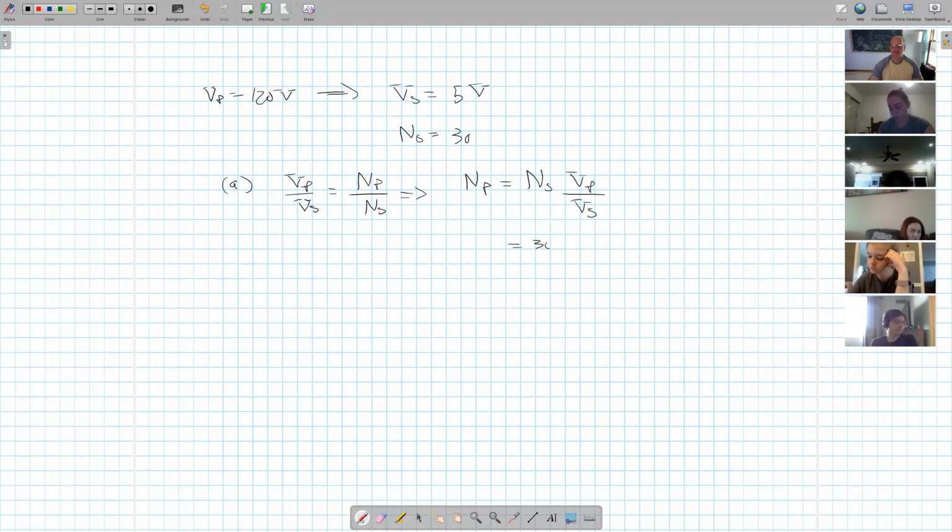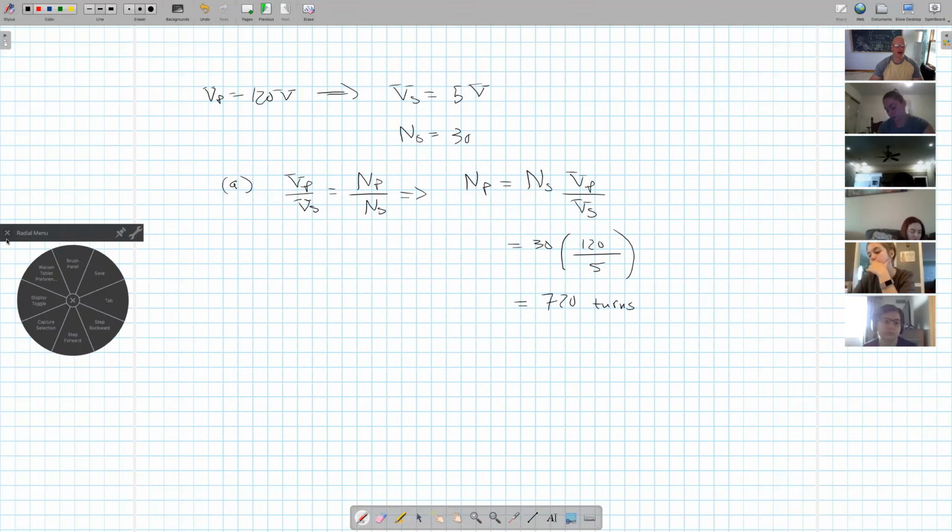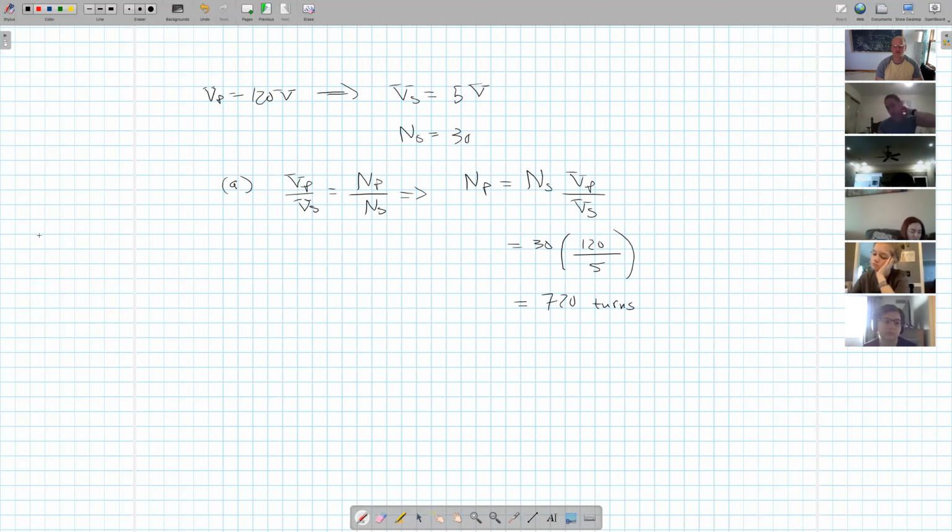So it's 30 times 120 divided by 5, which works out to be 720 turns. On the primary side, we have 720 total coils. On the secondary side, we have 30 coils.